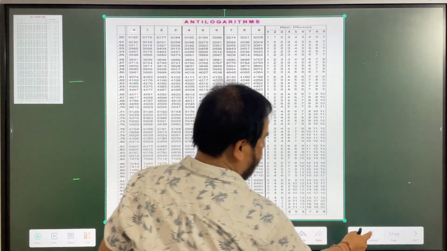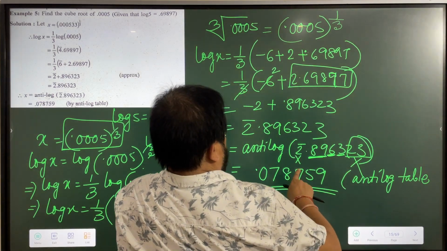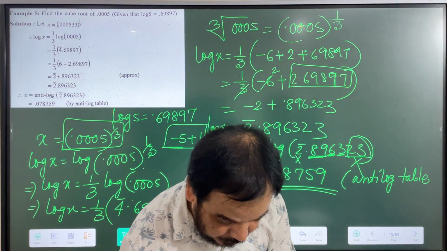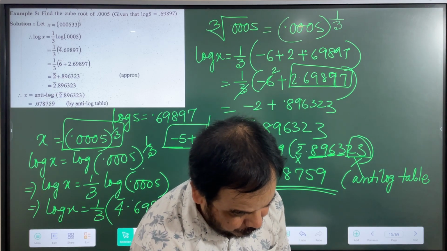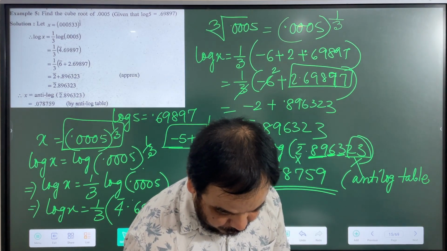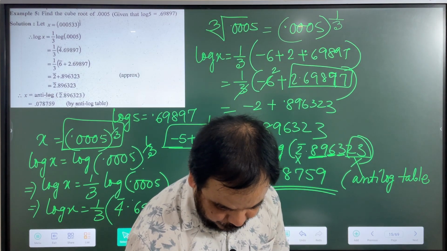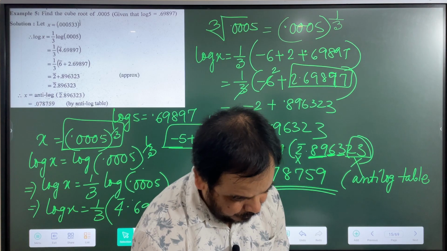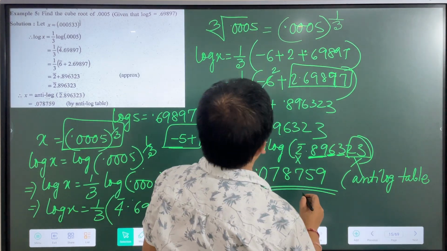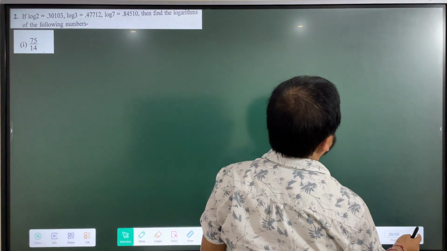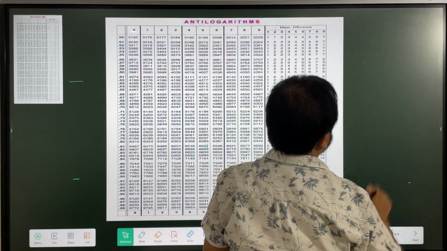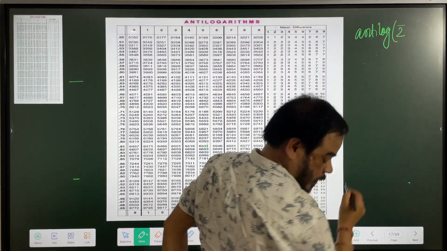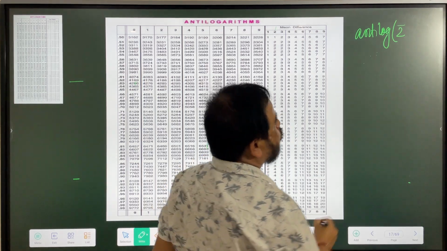Just now what we have done? Antilog of 2 bar 0.896323.